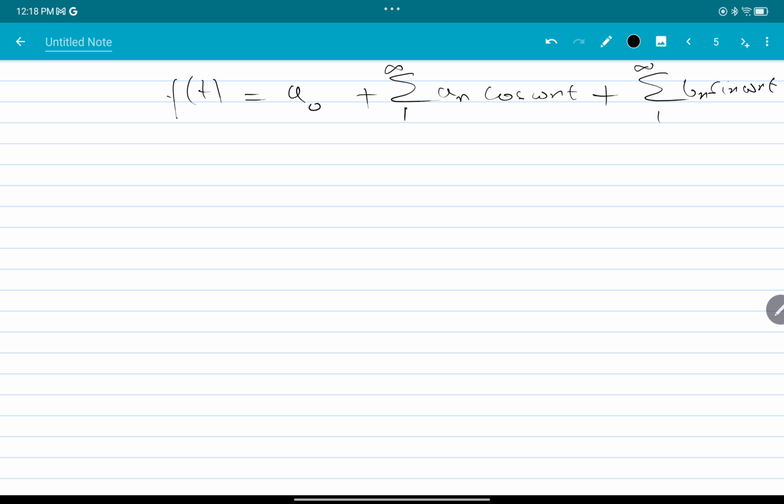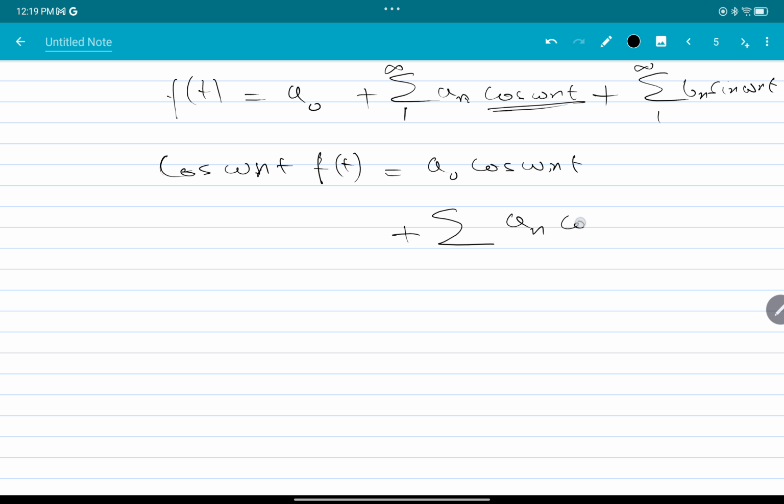Now we want an. For extracting an from this, you multiply throughout by cos omega n t. You will see why we did it. So we get cos omega n t f(t), and then a naught cos omega n t, plus sigma of an cos omega n t into this cos omega n t that you are multiplying with.